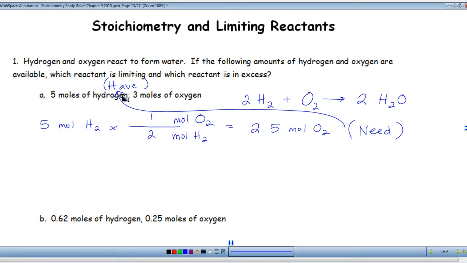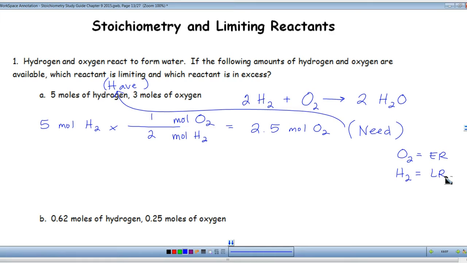We just found the excess reactant. The oxygen will be my ER, my excess reactant. If you only have 2 reactants, then by process of elimination, the hydrogen must be my limiting reactant. Well, that's not so bad, huh?